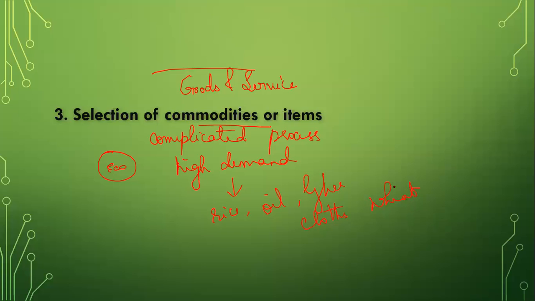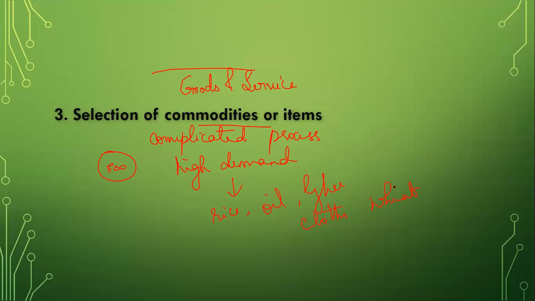If we consider low demand items, we do not get the actual value. So whenever we select a commodity, we select the commodities which have high demand. Rice, oil, ghee, these have demand on a daily basis. So there is no person, no individual not using these goods or these commodities. So whenever you select commodities for index number, the commodities should have high demand.